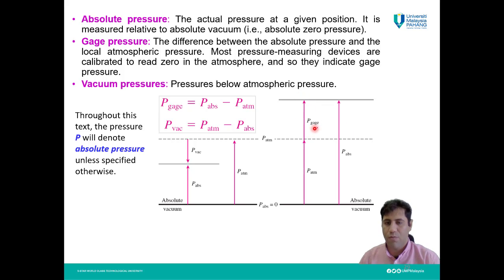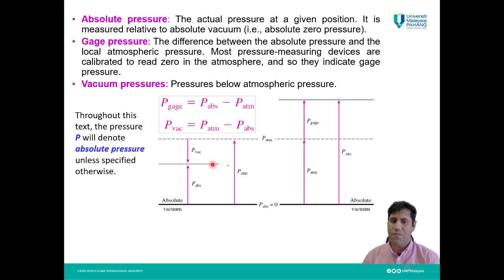Then when we use a gauge to measure the pressure, it will give us gauge pressure, or the pressure difference between the inside of the tire and the atmosphere. This is gauge pressure. But actually the absolute pressure for tires is P atmosphere plus gauge pressure.